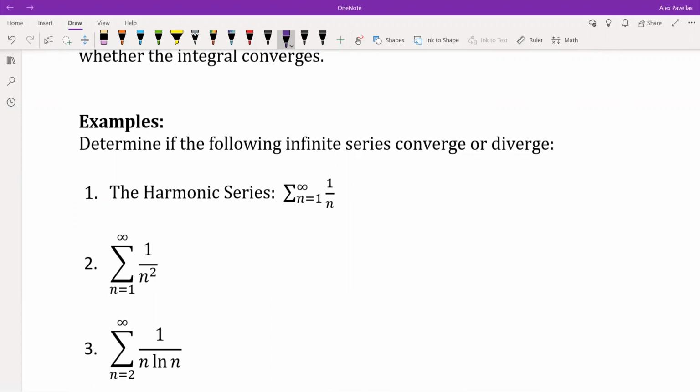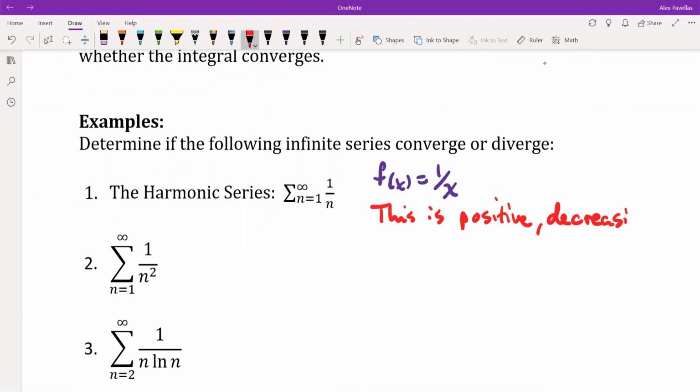So for this harmonic series, the function here would be 1 over n, or if we replace it with x, our function is f of x equals 1 over x. You can tell that this function is positive, decreasing, and approaches 0.